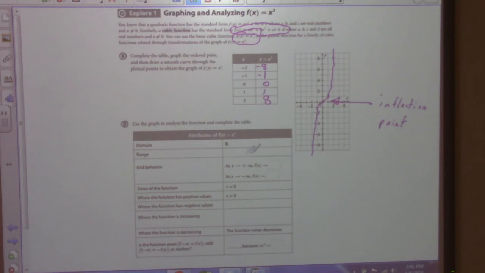Okay, and so now we have, what is our domain of this function? Well, we're given this script R, which means all real numbers, or if you write this in interval form, it looks like this, right? And then what is our range going to be?